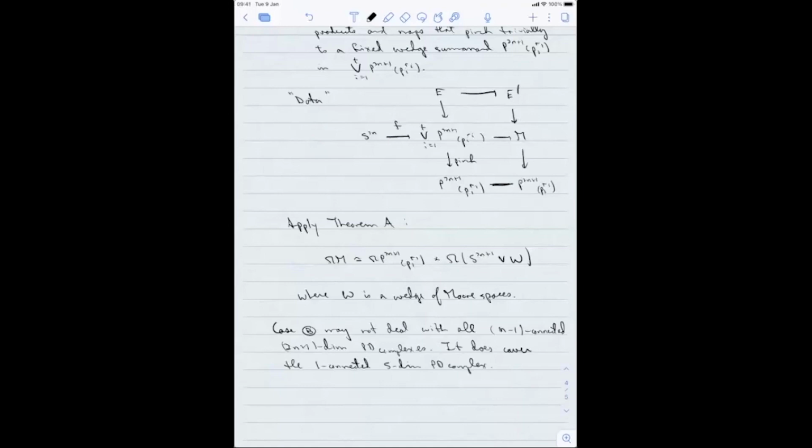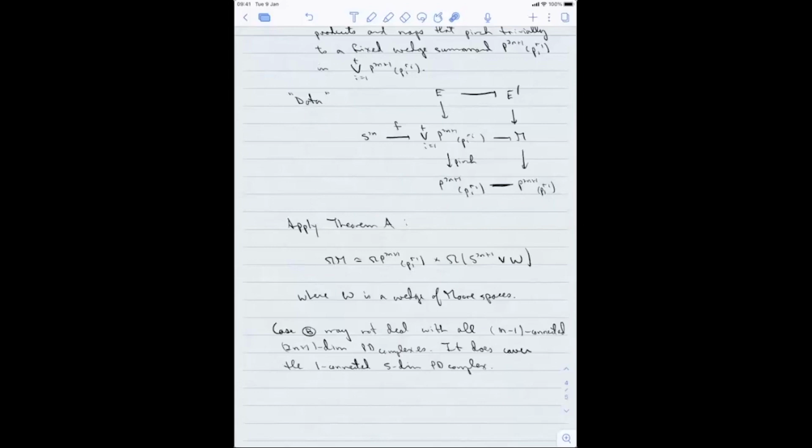So on the one hand, case A, the 2n minus 2 connected 4n minus 1 dimensional case, they're all done. So the outstanding cases were the 2n minus 1 connected 4n plus 1 dimensional ones. The first example of which would be simply connected 5-dimensional Poincaré duality complexes.